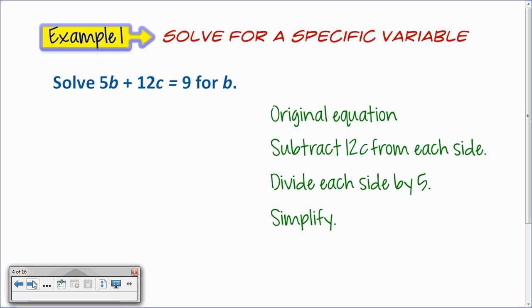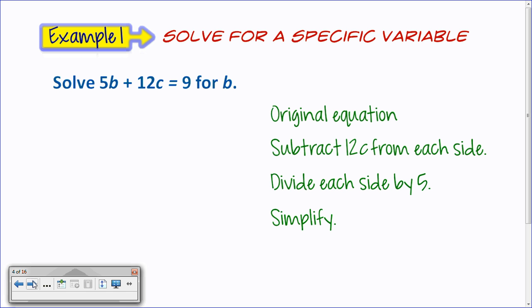Okay, first example. Number 1. What do the instructions say?